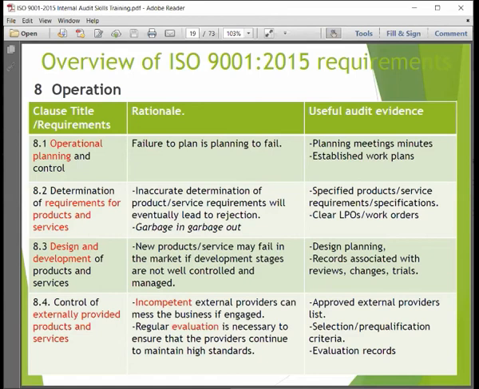So useful audit evidence: maybe you're auditing claims and you want to see the people they have engaged externally. You want to see an approved external providers list. So they should come up with that list, or they'll have pre-qualified people who are to provide certain services. Selection or application criteria should be there.